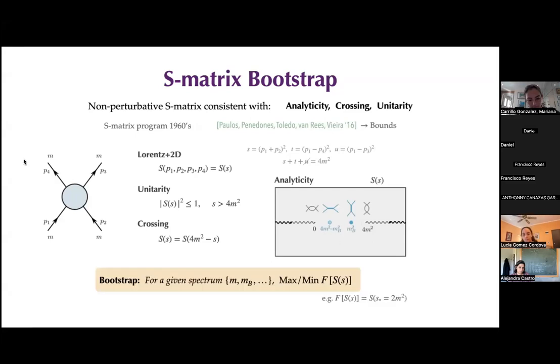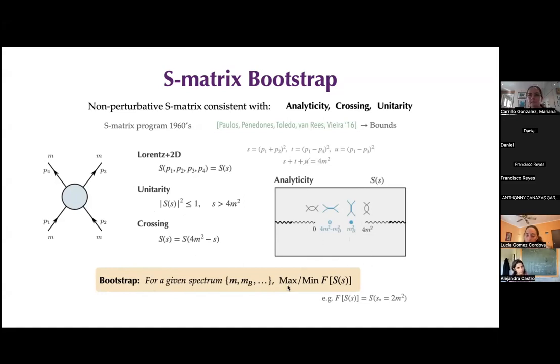So knowing these 3 consistency conditions, you can play a bootstrap game and try to find bounds on certain observables. So the idea is that you would fix your spectrum, basically because this fixes what kind of functions you have here in the complex plane.